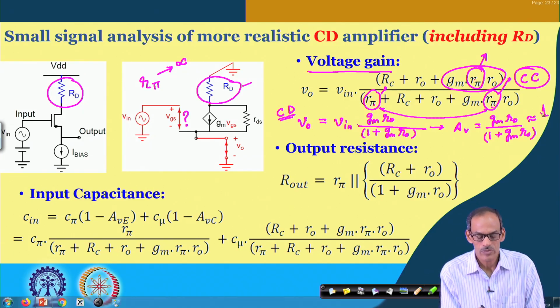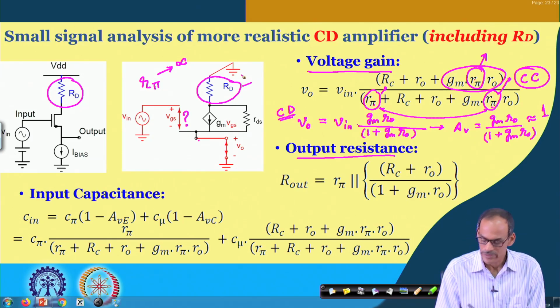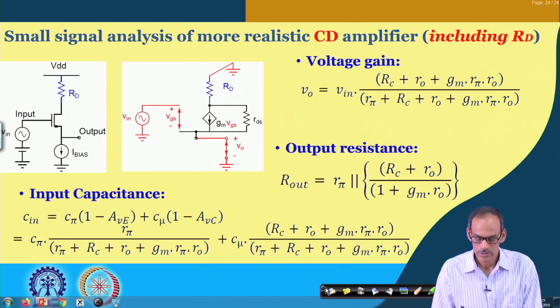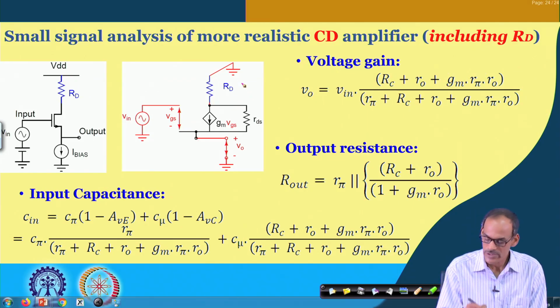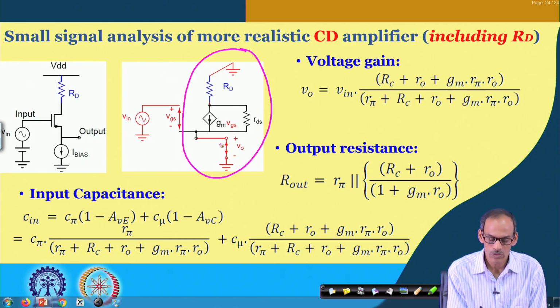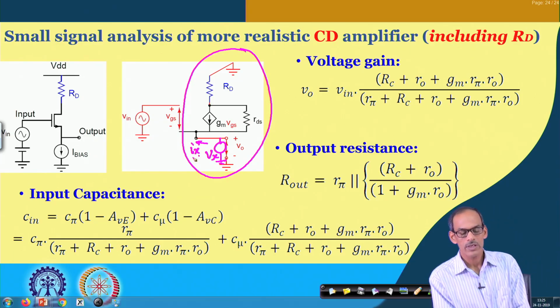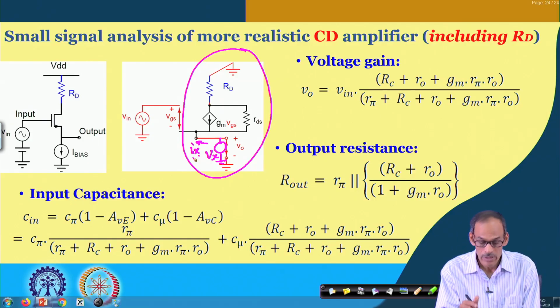Now, similar kind of things we can do for the output resistance. Earlier we have seen that if I want to know the resistance or impedance at the output terminal, and if I stimulate this circuit by a voltage source called V x, and then consider the corresponding I x, and then take the ratio of these two, that gives us the resistance coming from this circuit.